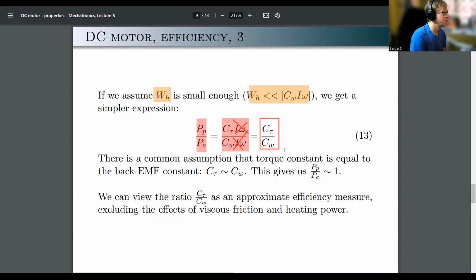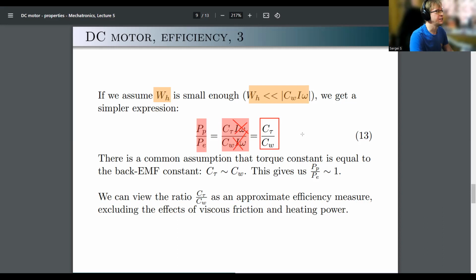So this explains what those coefficients are, what they mean. C sub tau and C sub omega for a motor are directly related to the ideal case efficiency. So if they're equal, the efficiency will be 1 if you don't have heating and friction, which of course you always have. But if you didn't have them, like friction, you can make it negligibly small. Quite easy.